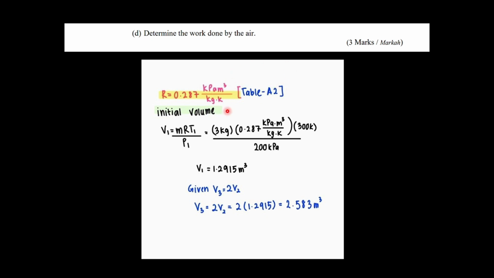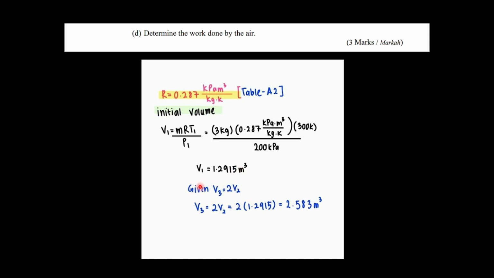We refer to table A2. For the initial volume, we use the formula PV equals mRT, so V1 equals mRT1 over P1, which is 3 kilogram times 0.287 times 300 divided by 200. So V1 is 1.295 meter cubed.